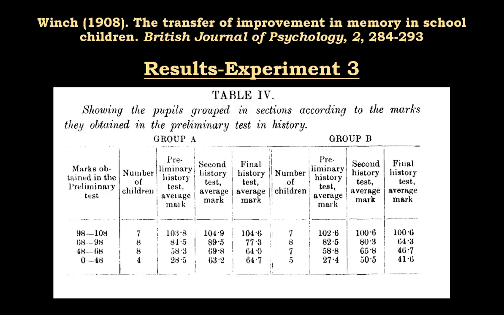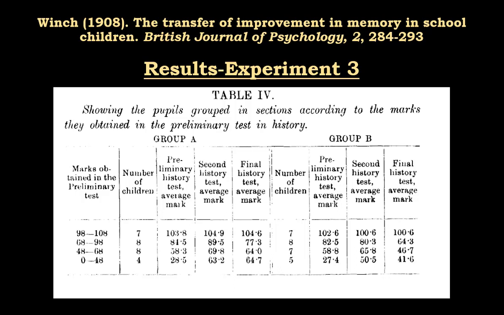But there is something that is very interesting and a good feature of this study, which is that today what we do is to allocate participants to groups randomly, which is obviously a good idea.